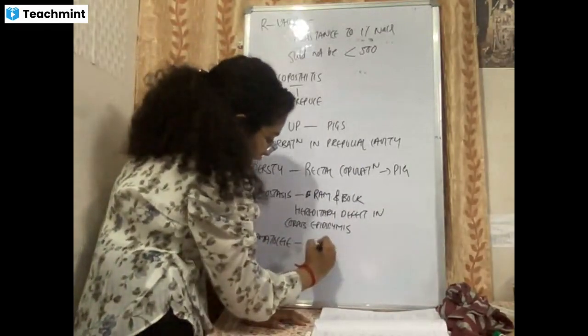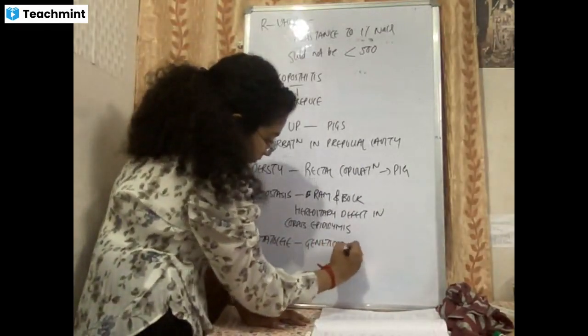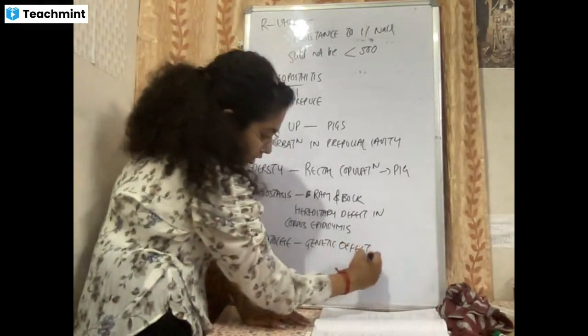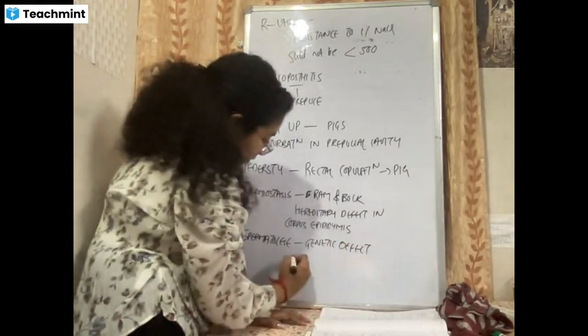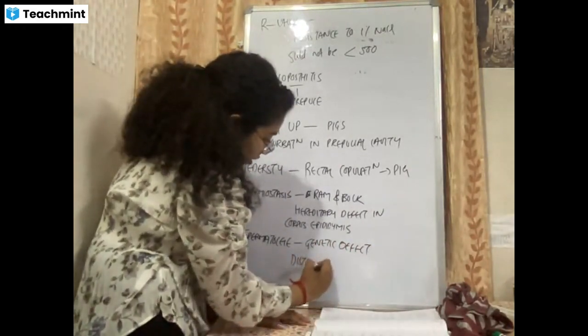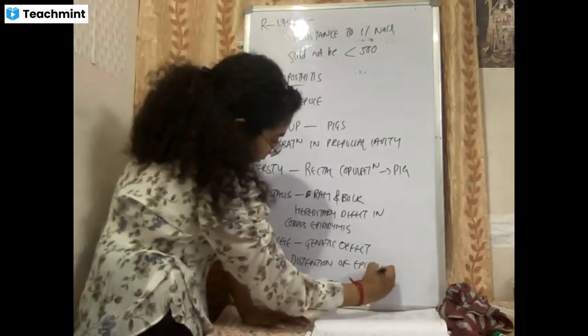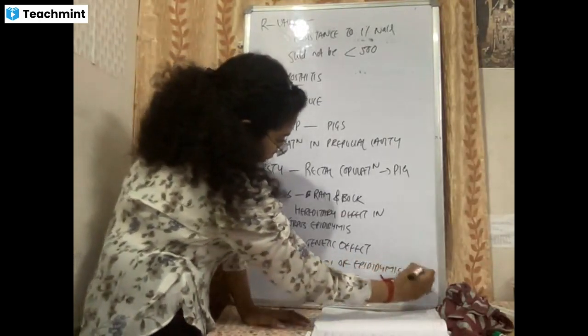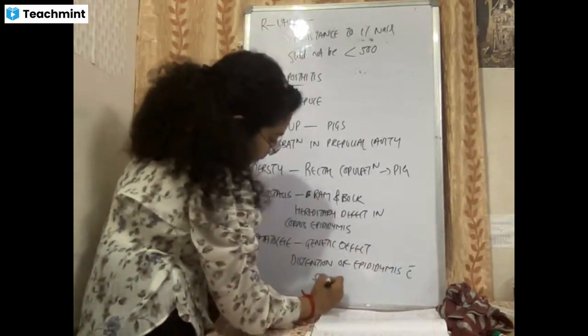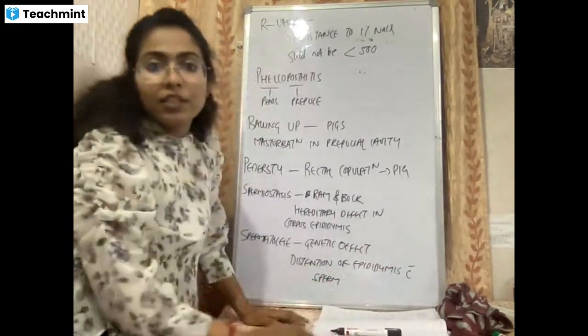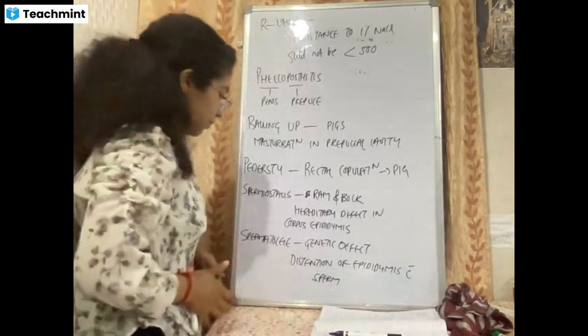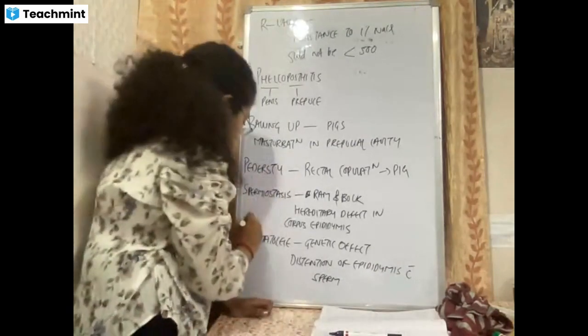Spermatocele is again a genetic defect. It is distension of the epididymis with sperm.